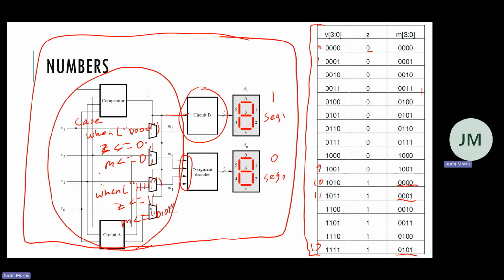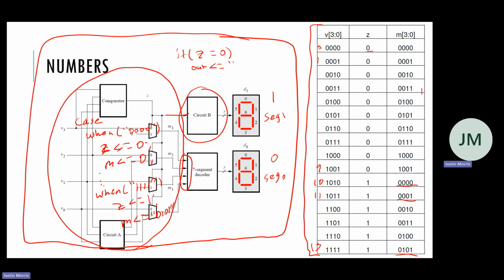This circuit B is very simple. You can also do it with behavioral modeling. If Z, which is going to be an input into it, is 0, then its output, I'm just going to call it out, you can call it whatever you want, is the 7-bit code.